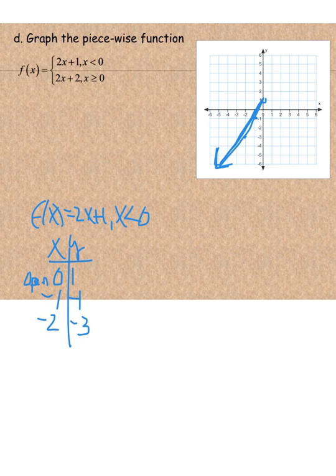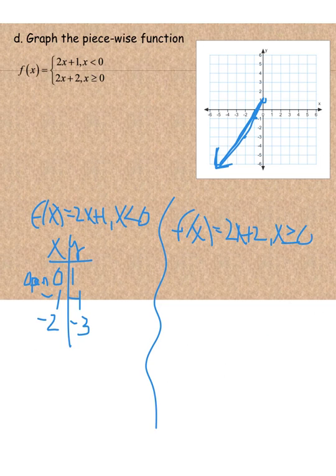The second equation, f of x equals 2x plus 2, where x is greater than or equal to 0. We'll start with 0. That's the given value. This will be closed. Values greater, such as 1 and 2, we'll use.